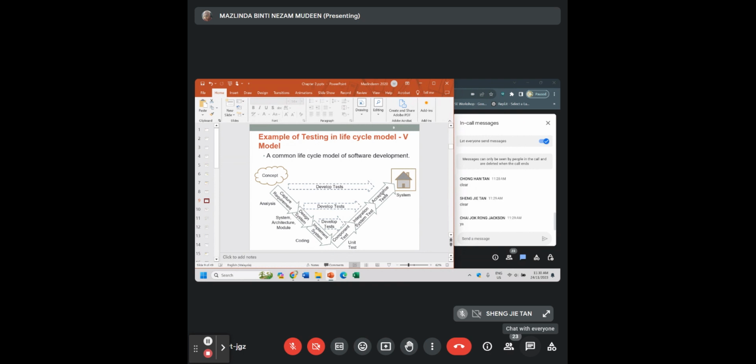Remember yesterday we were talking about how we are going to confirm the requirement. During acceptance testing, when the end user conducts the acceptance testing, they will check if it's correct according to the requirement which we have documented. Then the design documentation, or the design which we have created, will be used to develop the integration system test.